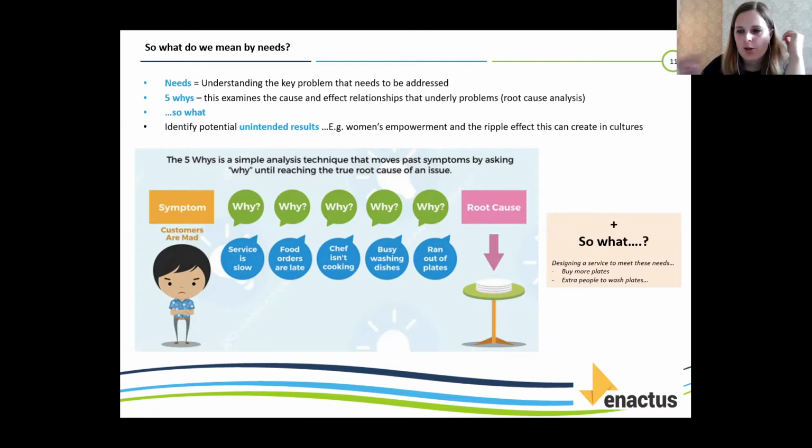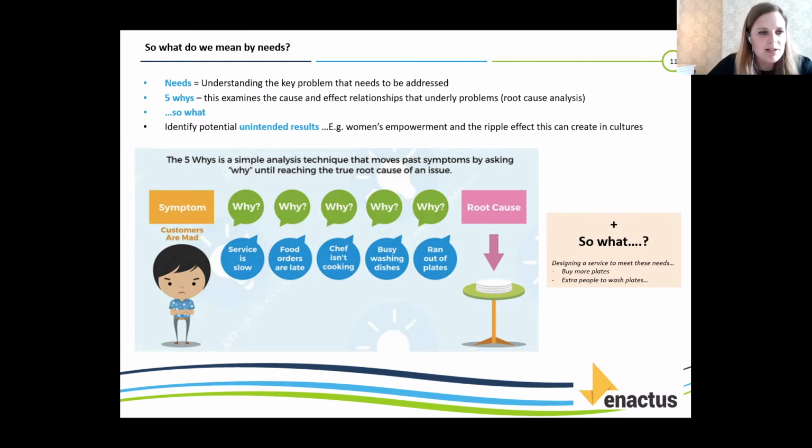This looks at the cause and effect between different events. And it means you can really drill down to find out what that underlying issue is, what the need is. Once you've got to the root of the problem, which is called root cause analysis, you can say, well, so what? What can we design that will overcome this problem and really meet that need?